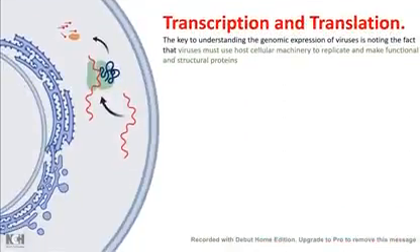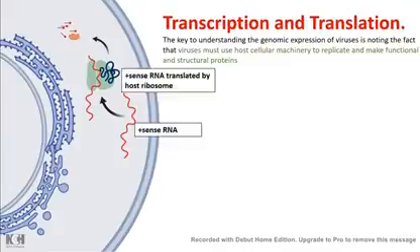Now let's talk about what happens when the virus is inside the cytoplasm and it has released its genetic material into the cytoplasm. Inside the cytoplasm, as it's a plus-strand RNA virus, its RNA is treated like an mRNA, and it can be directly read by the cellular host ribosomes, and it can be directly used to synthesize the proteins.